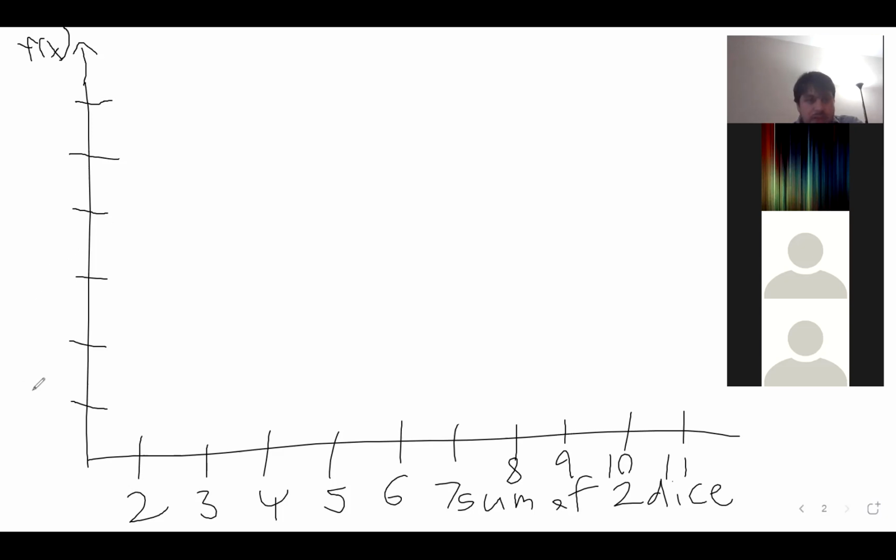So this is 1 over 36, this is 2 over 36, 3 over 36, 4 over 36, 5 over 36, and 6 over 36.